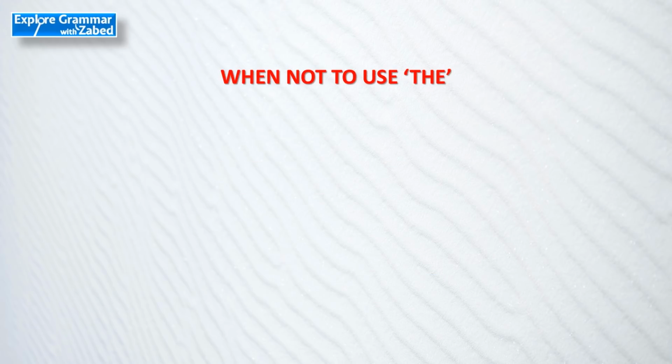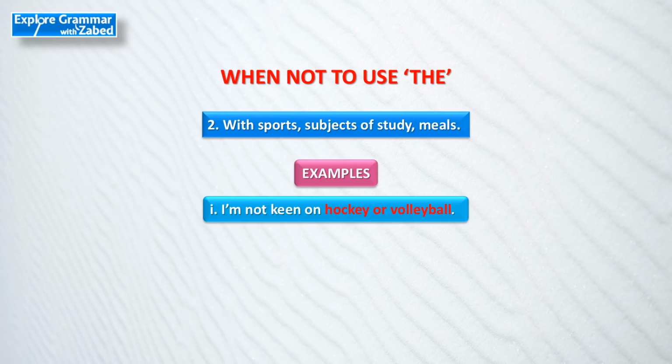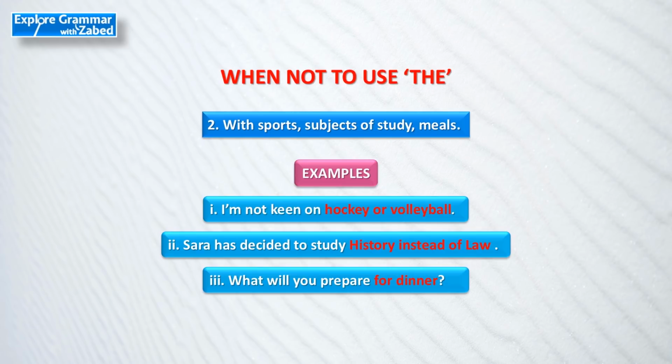The second case is with sports, subjects of study, and meals. We must not use article the. For example, I am not keen on hockey or volleyball. Sarah has decided to study history instead of law. What will you prepare for dinner?